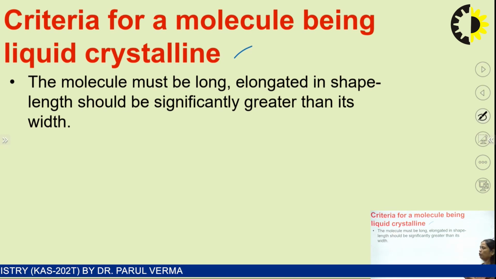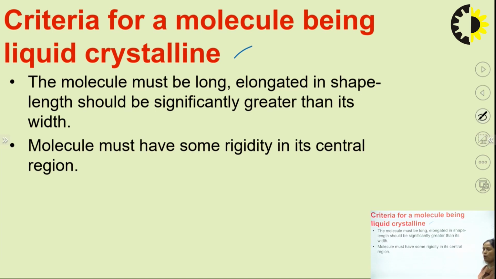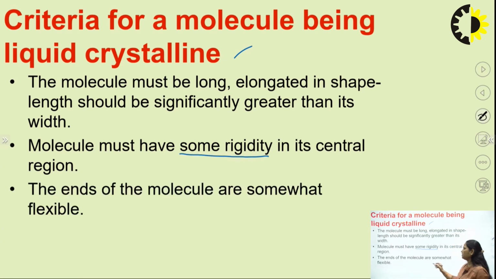Whenever the molecule is elongated, a long elongated organic molecule actually has the capability to form liquid crystalline state. Another property, these elongated molecules have some rigidity in the center region and the ends are somewhat flexible. So the molecule must be elongated in nature, must have some rigidity in the center, and the ends are somewhat flexible. These three main properties are there.